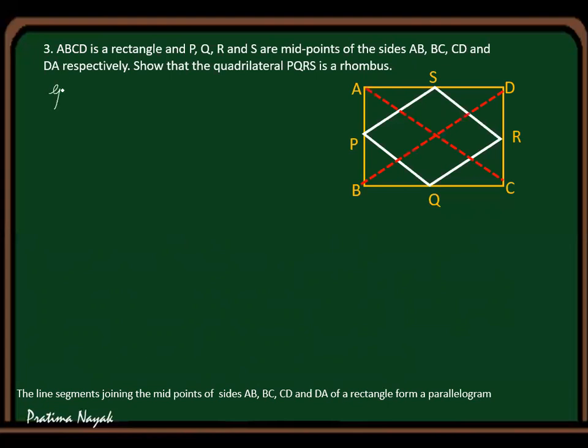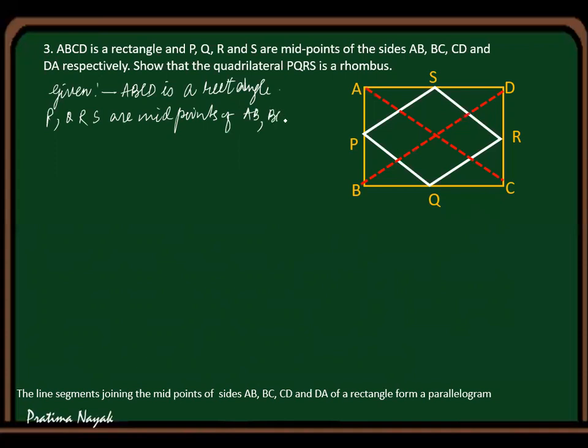First is given: ABCD is a rectangle. Then P, Q, R, S are midpoints of AB, BC, CD and AD.